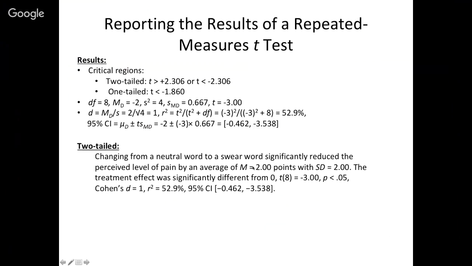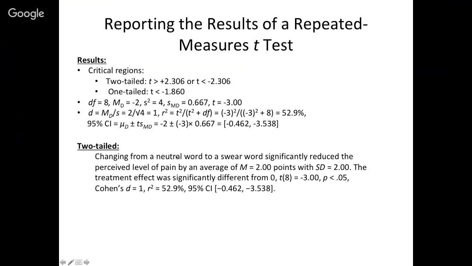This is for the example of whether or not swearing can reduce the perceived level of pain. To write up these sentences, you need to write in this way. First, changing from something, which is treatment 1, to a swearing word, which is the second treatment.